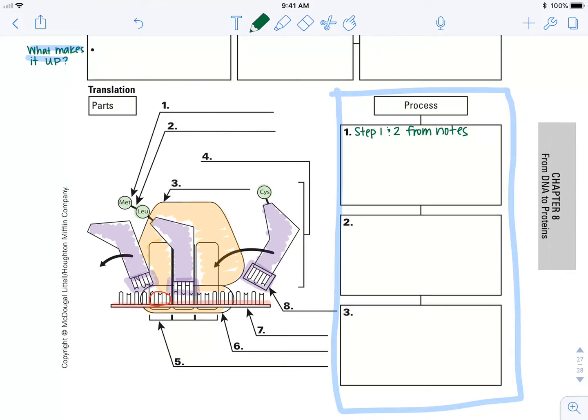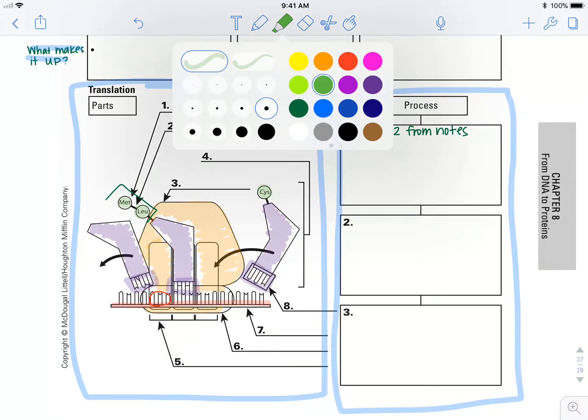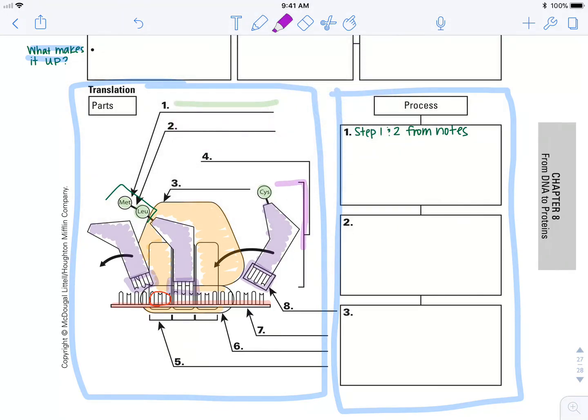Then over here, in this area, I would like you to label the parts, and I've tried to color code them for you. Part number 1 is pointing to the green circles. Part number 2 is pointing to this whole thing, both green things, what's happening there. Part 4 is pointing to this entire thing, the purple with the little green thing attached.